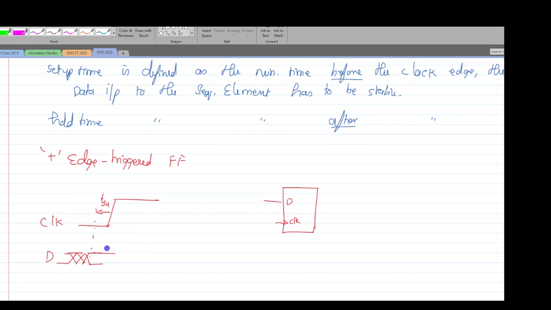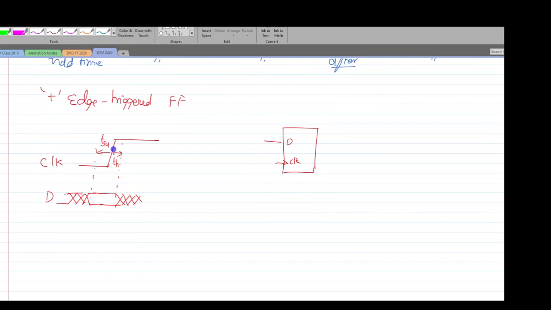The hold time is defined after the clock edge. Within this hold time your data also has to be kept stable, and later you are allowed to change your data input. This is how the setup time and hold time are defined with respect to a positive edge triggered flip-flop.